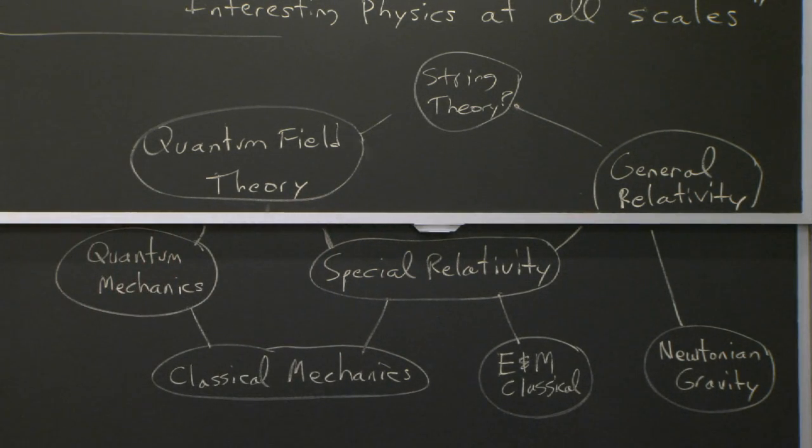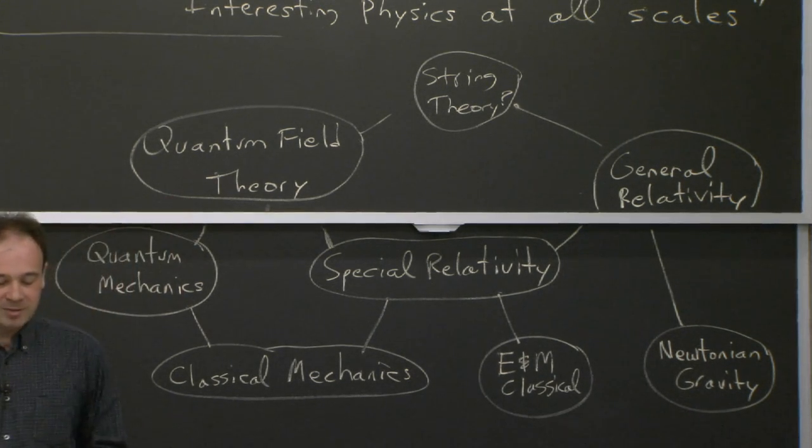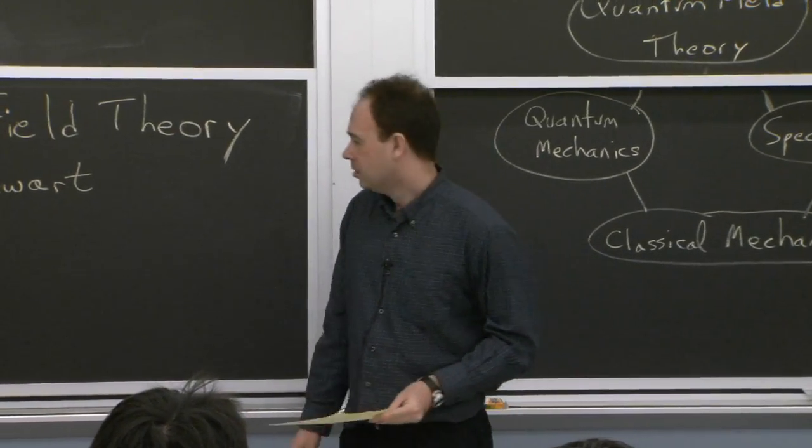We're going to be doing in this course the exact opposite of that. We're going to be taking one of these blobs, in particular this one, and looking deep inside it, trying to make more and more specific field theories.